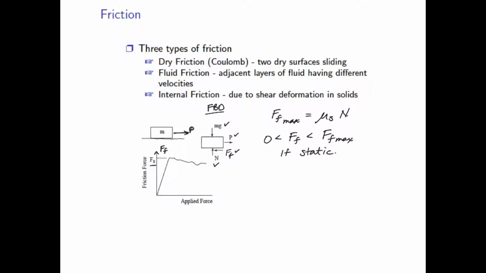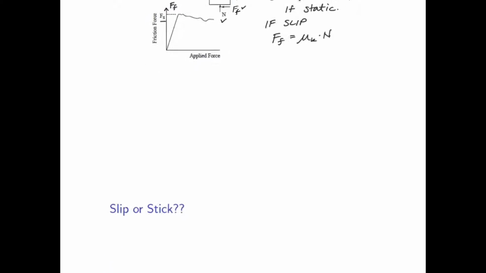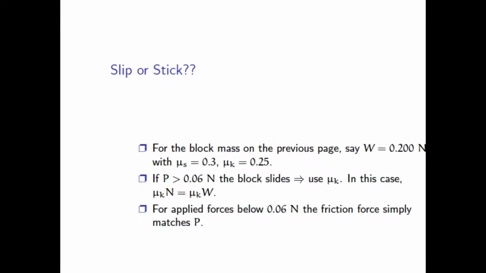If we know that it is sliding, then I know that the force of friction is going to equal mu k times n. Right? So let's work our way down and look into this one more time.